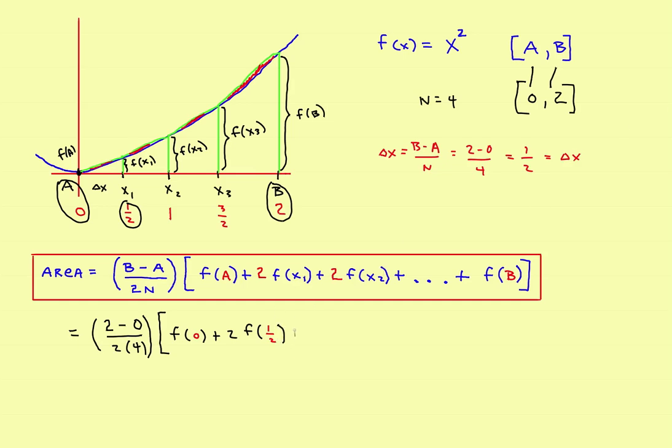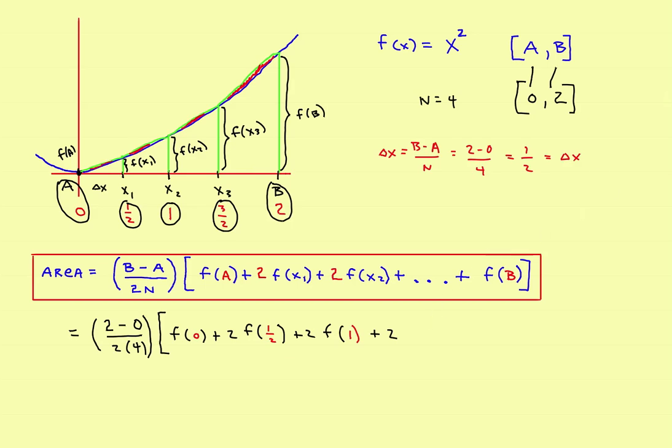Then plus twice the function evaluated at x2, and x2 is a 1, so we'll plug a 1 into that. Then plus twice the function evaluated at x3, which is 3/2.